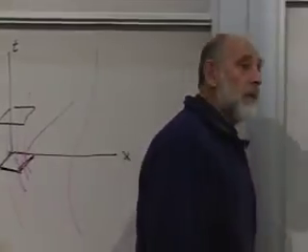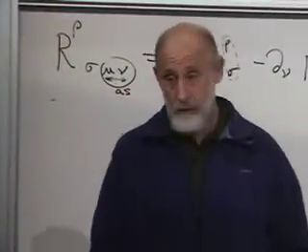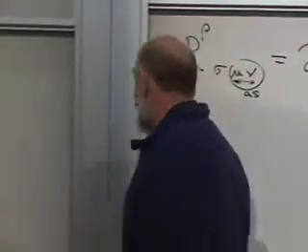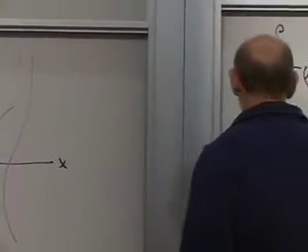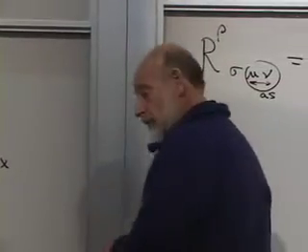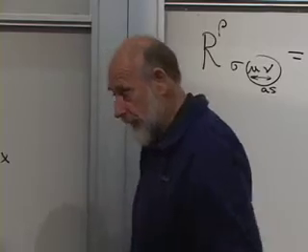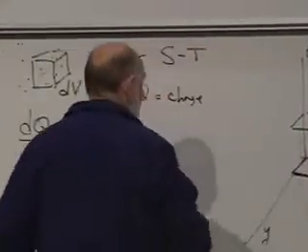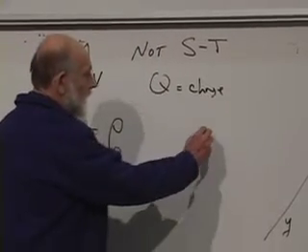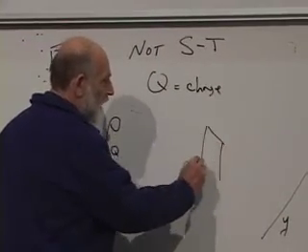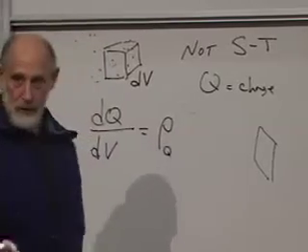Now let's talk about the current, the electric current. The electric current is a similar kind of idea. Now we're going back to space. Let's go back to space and forget space-time for a moment. And let's draw a square. Now I don't mean a 3-dimensional box.